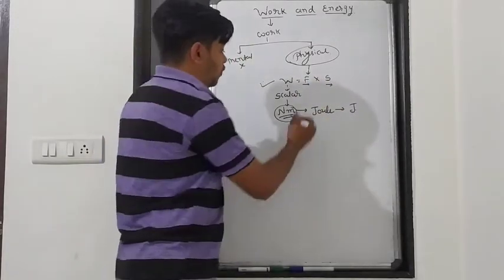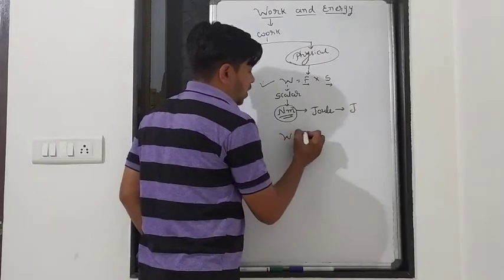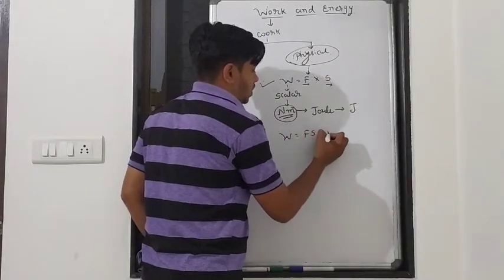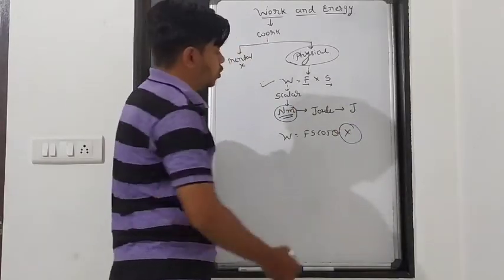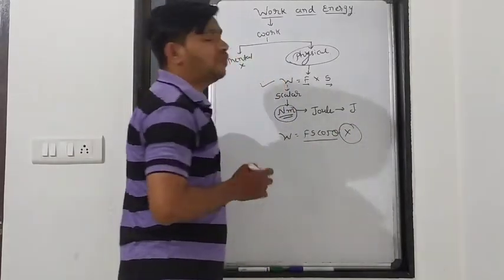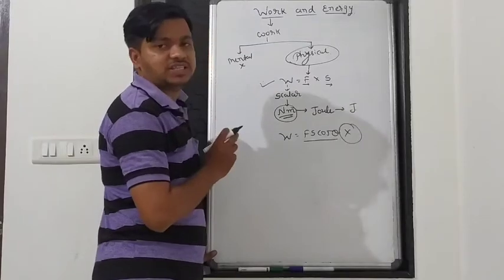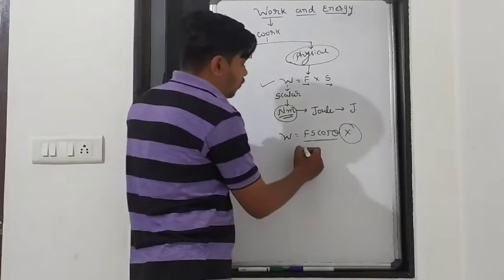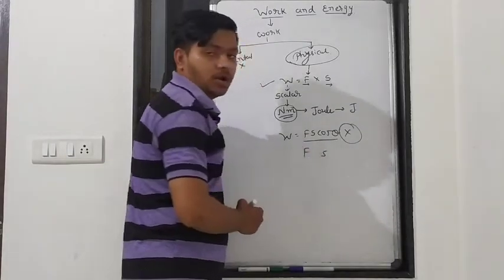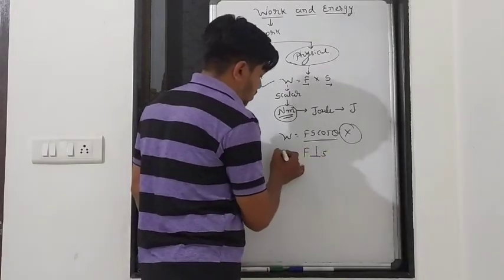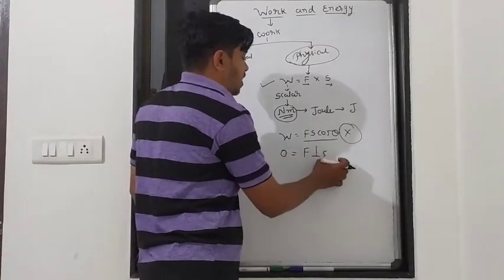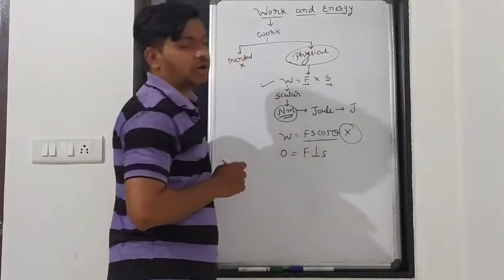From that we have seen another equation, which is Fs cos theta, which can't be asked in your exam. But as it is part of this chapter, when the force and the displacement are perpendicular to each other, the work becomes zero. That's why I taught you that also.